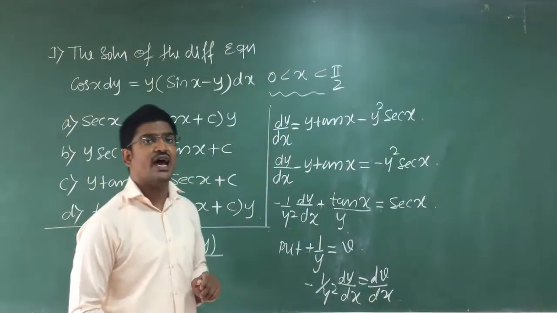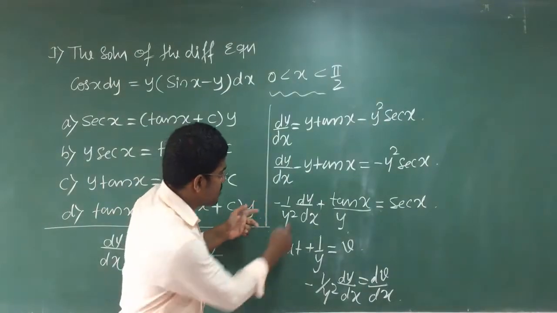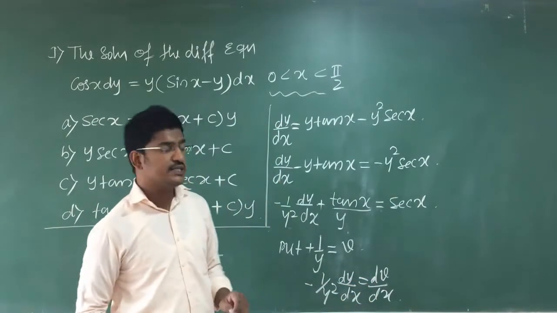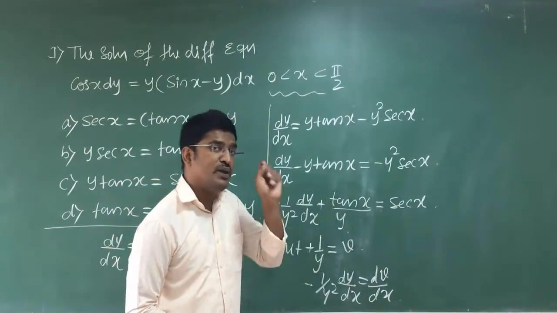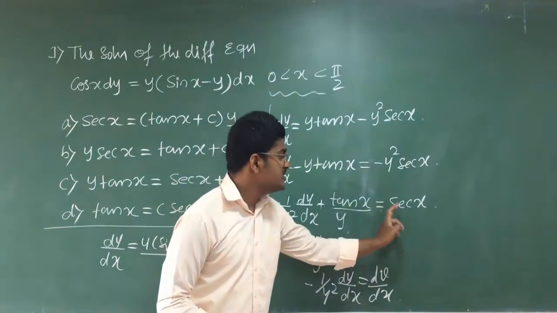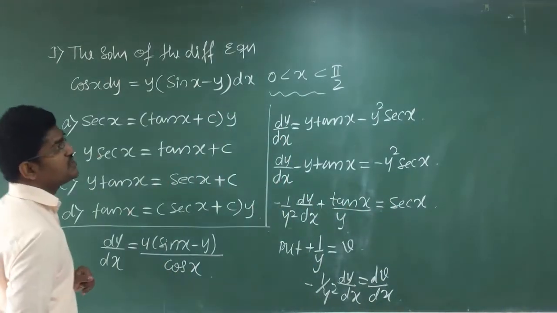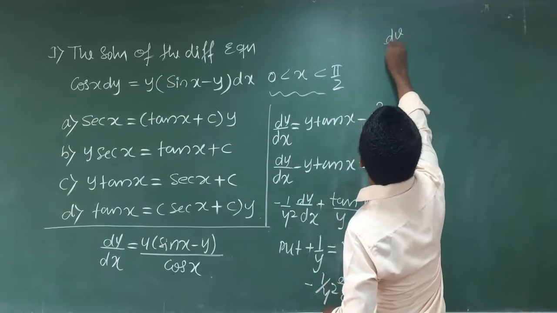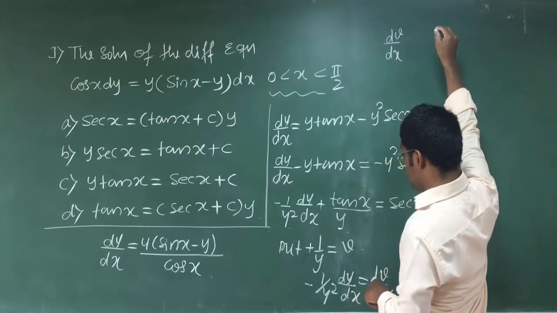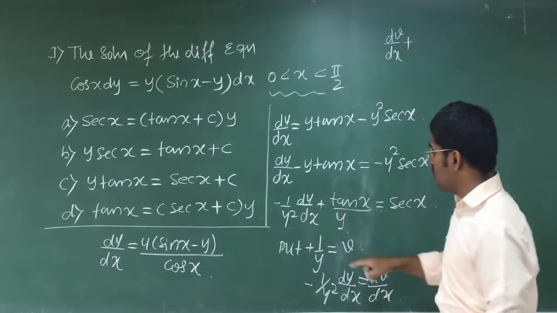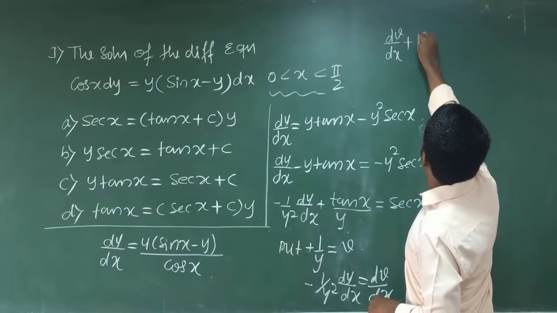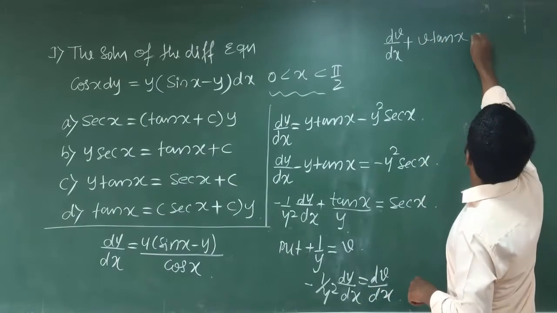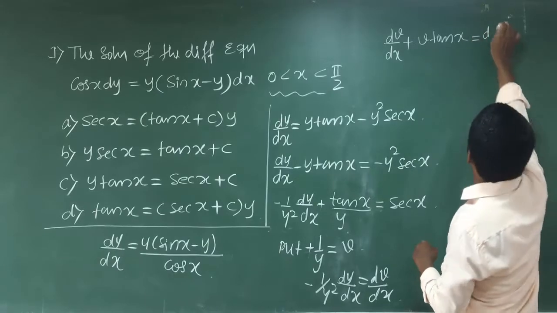I think now you got the idea to simplify this. In the place of minus 1 by y square dy by dx, you have to apply dv by dx, plus 1 by y will be v, into tan x, equal to sec x. So your equation will be dv by dx plus v tan x equal to sec x.